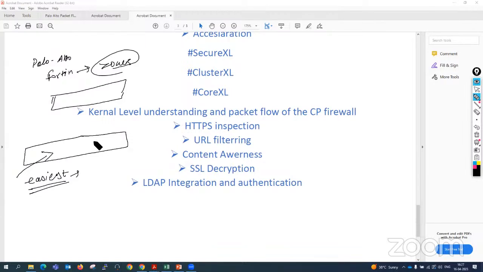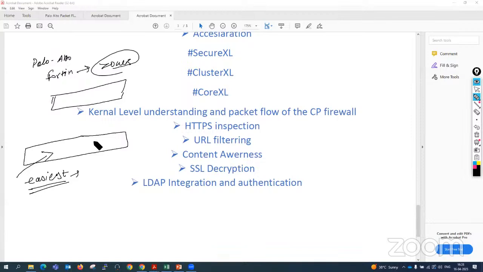I have seen certain regions in the globe where Palo Alto's support is not better and its shipment is not that good. There you can have the option of Checkpoint, and in certain areas, if you want, you can go for other firewalls also. There is no single statement that because of this you should go for Checkpoint. But yes, it's a good technology.